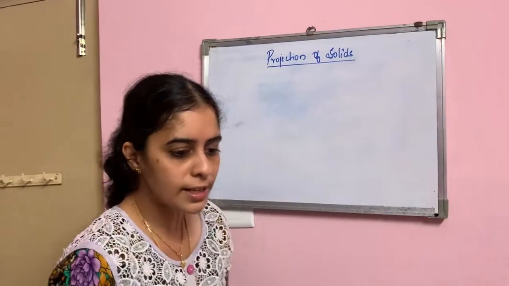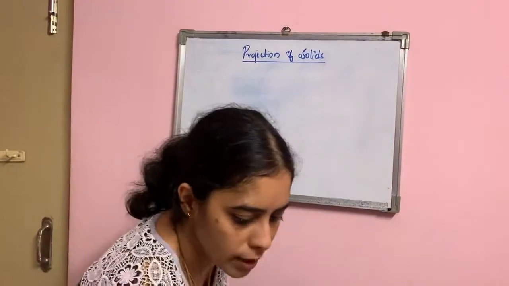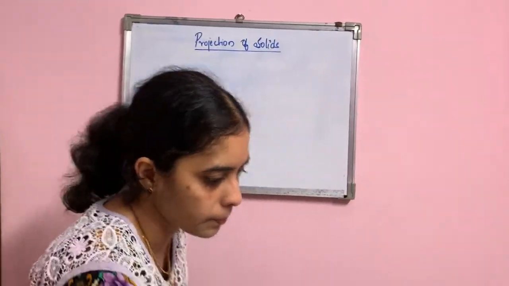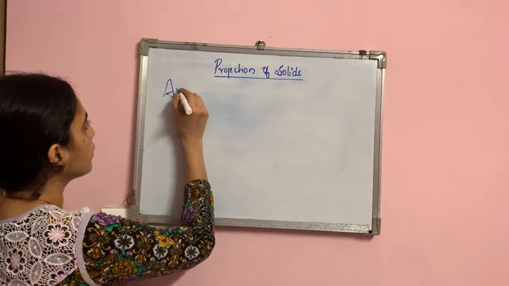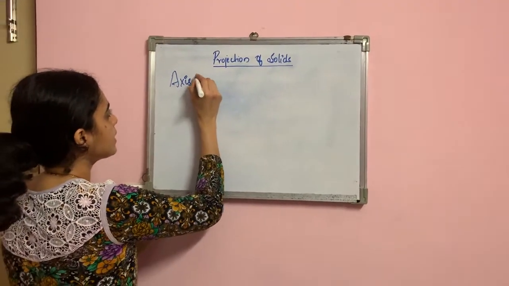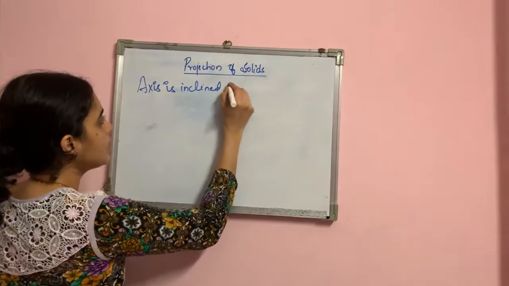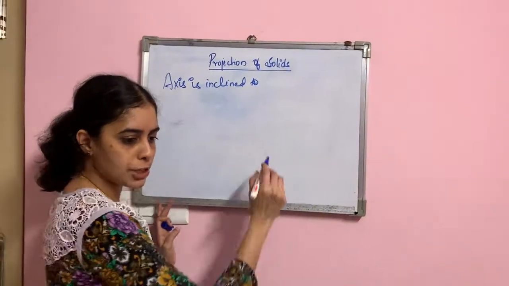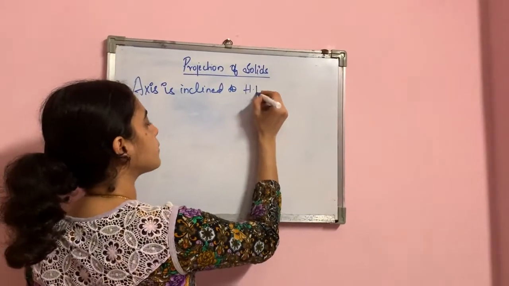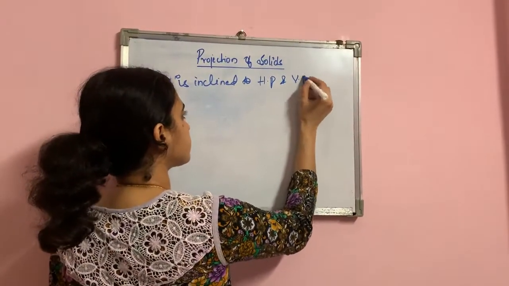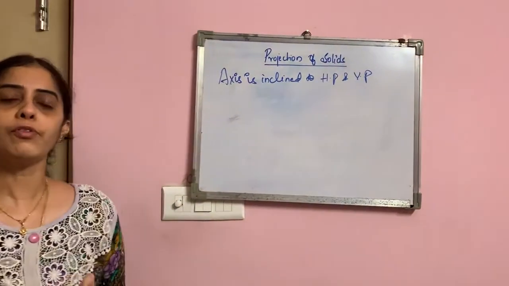The condition is the last one, when the axis is inclined to both HP and VP. So how will you follow it?